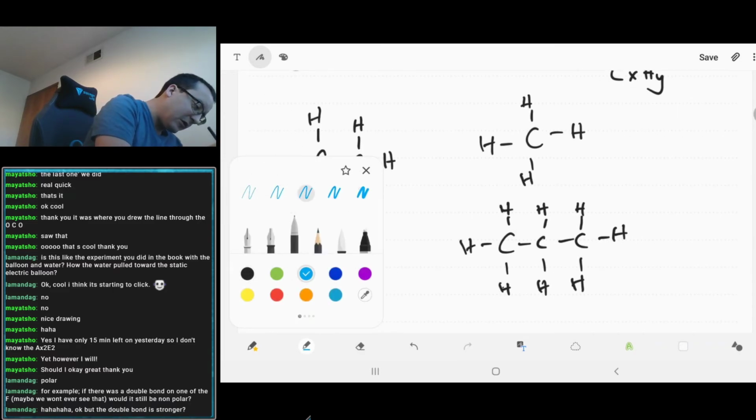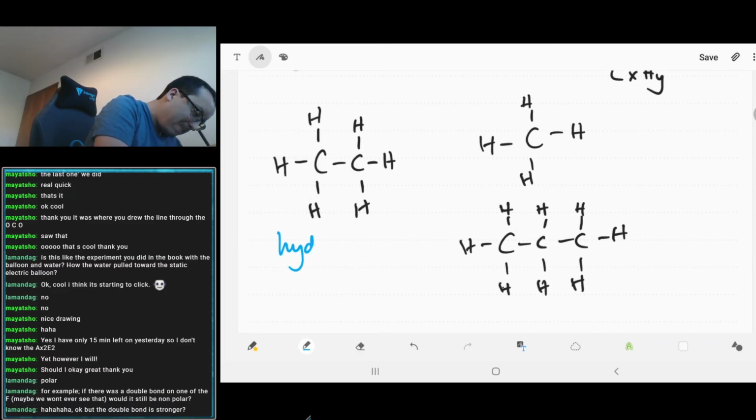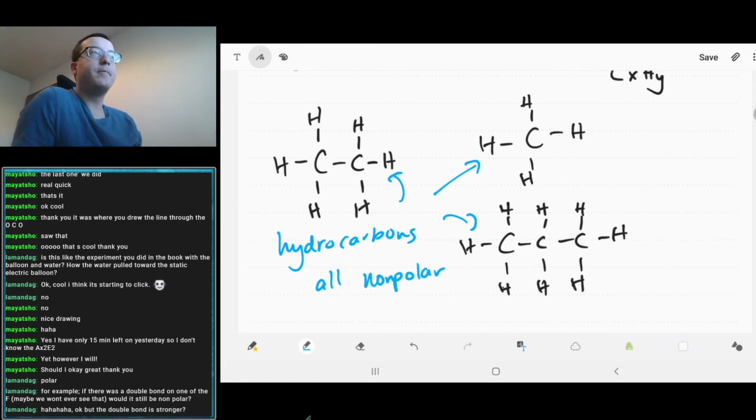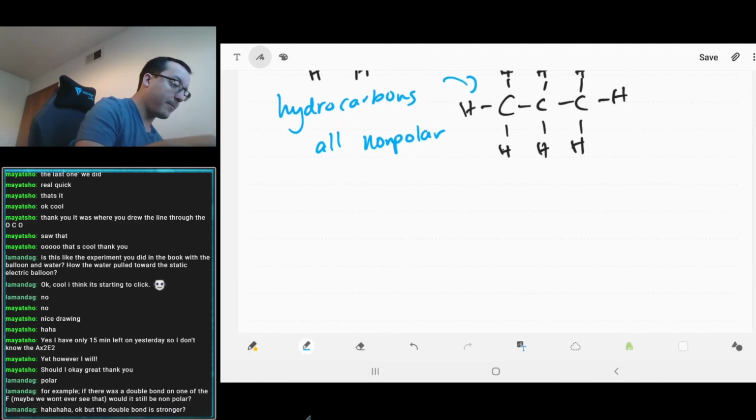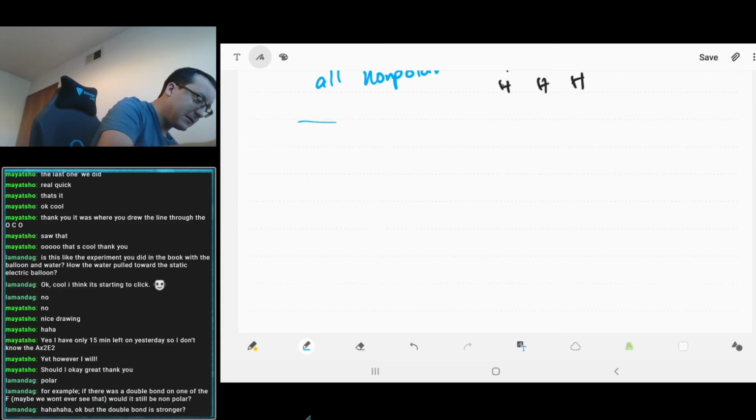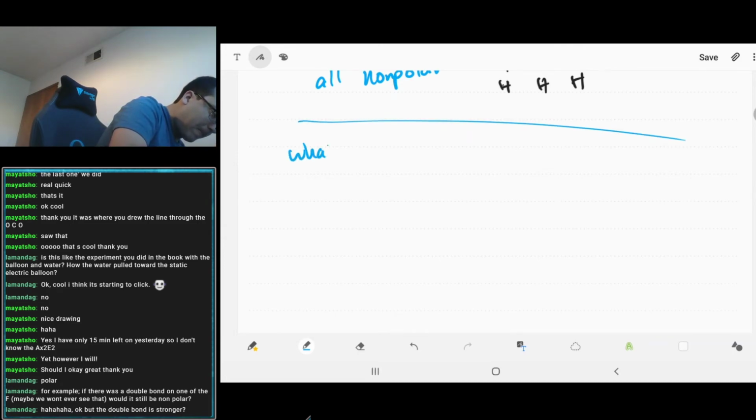These are all hydrocarbons. All nonpolar. Okay. What's the point?